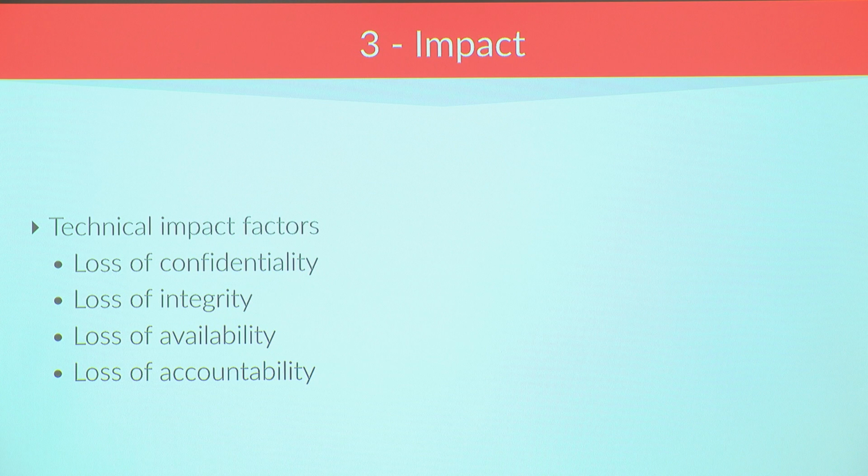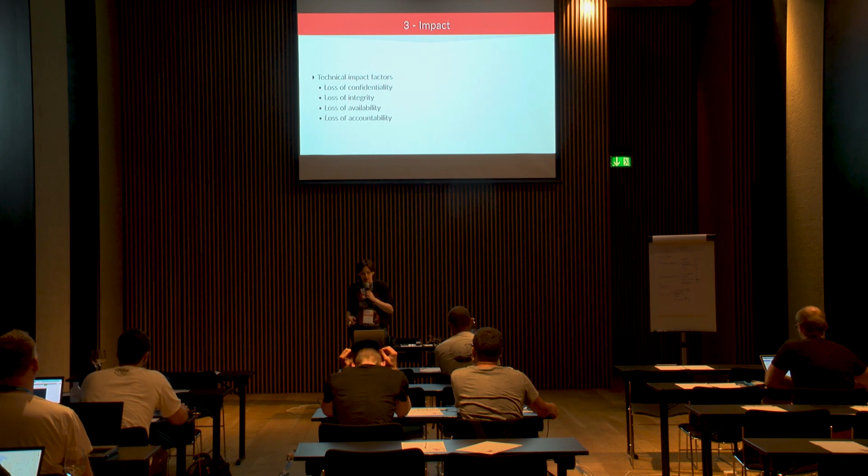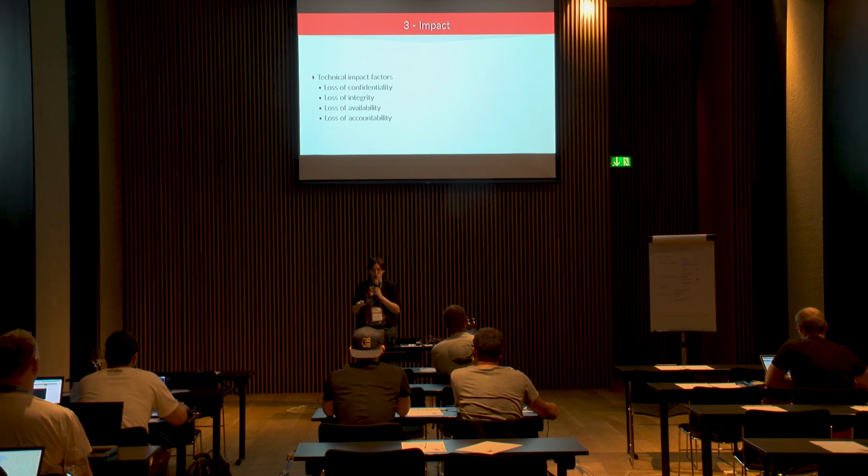About loss of confidentiality, which is, I think, one of the biggest impacts here. So how much data could be disclosed and how sensitive is it? Is it minimal non-sensitive data disclosed, minimal critical data disclosed, extensive but non-sensitive data? Or is it both extensive and critical data?